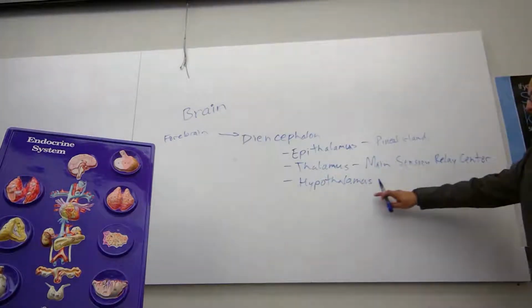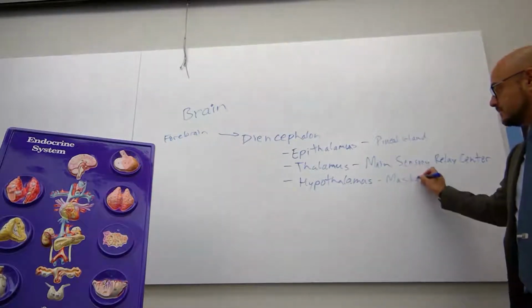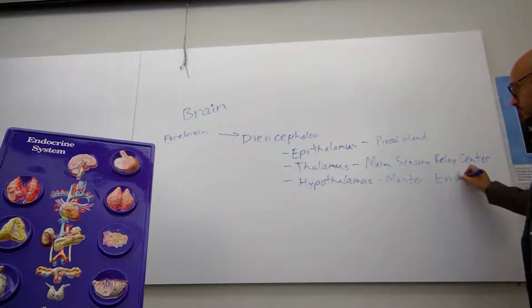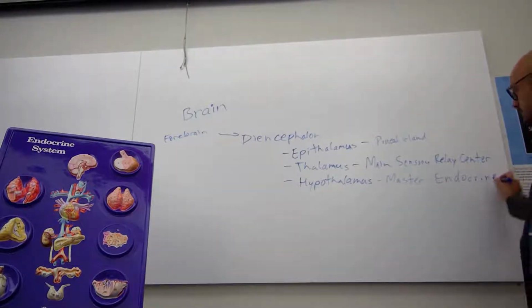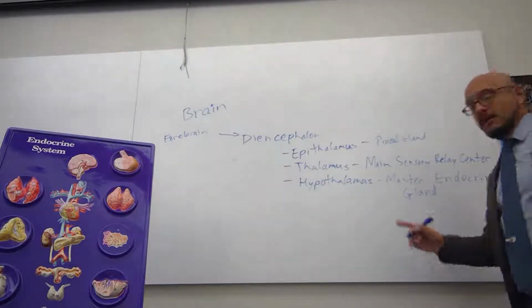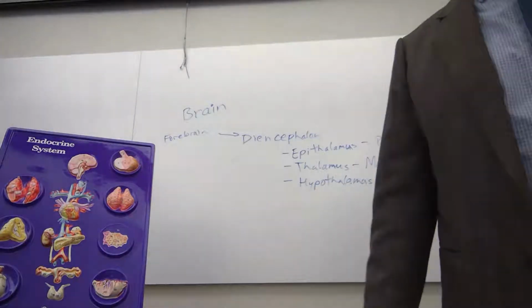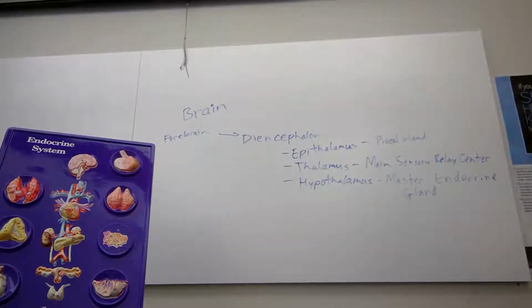So now, the hypothalamus is your master endocrine gland. Now, I know some books that will say that the pituitary is the master endocrine gland. Nonsense. The pituitary is the slave to the master. It does the master's bidding. You understand?